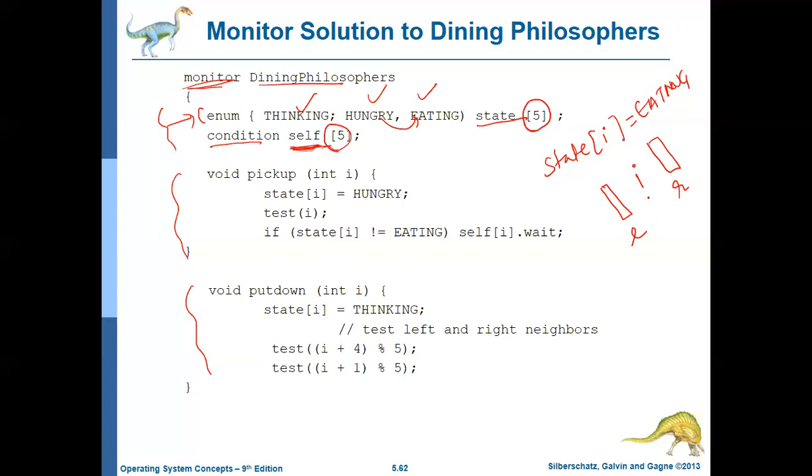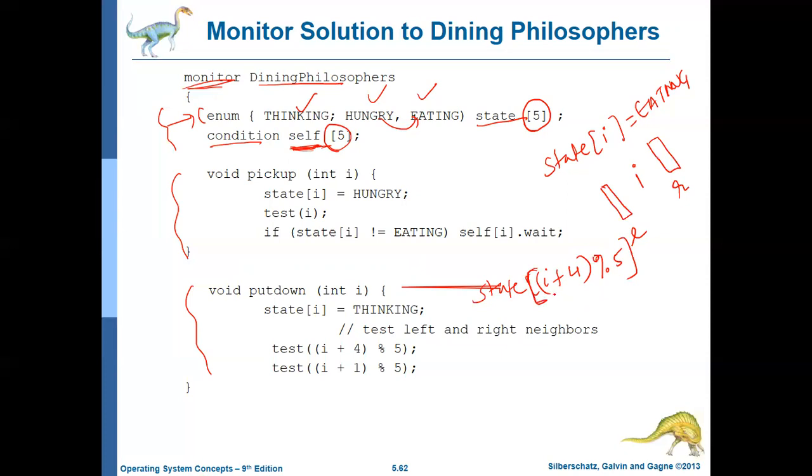So how do you check whether the left side is free and the right side is free? We know that we use a modular function, right? How do we use the modular function? We have to write it in this way: state of I plus 4, mod 5. We know there are 5 philosophers, so we divide by the size of the array, that is 5.